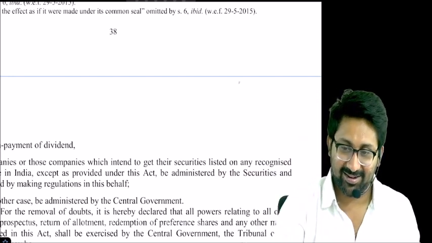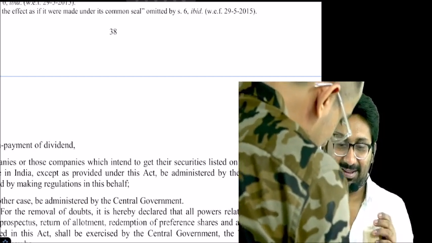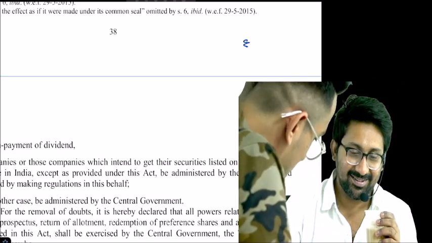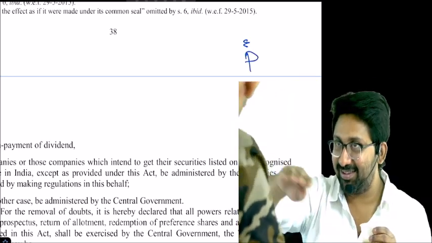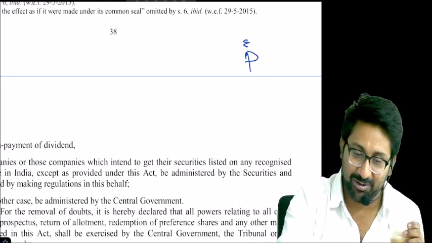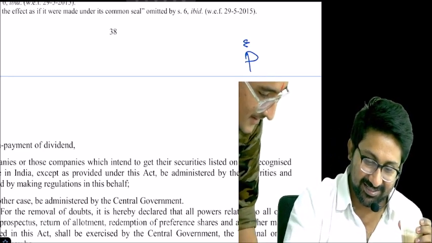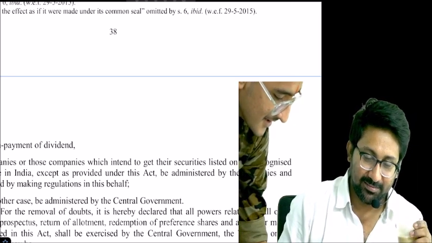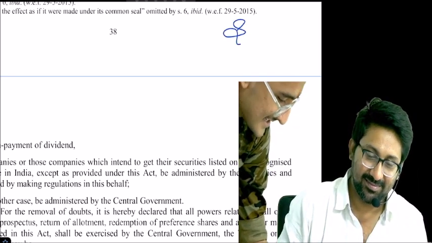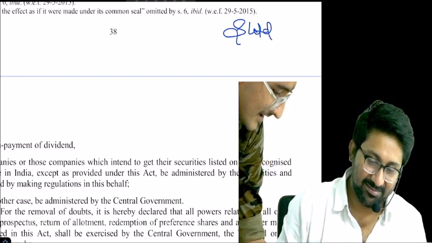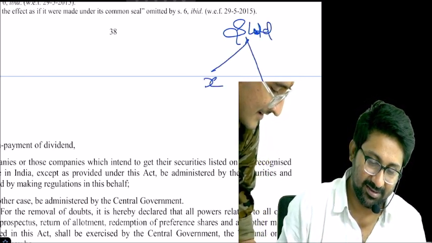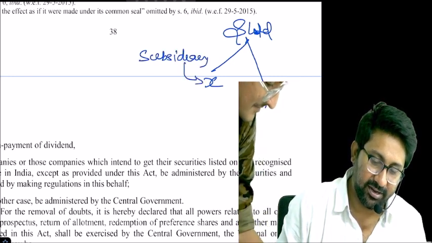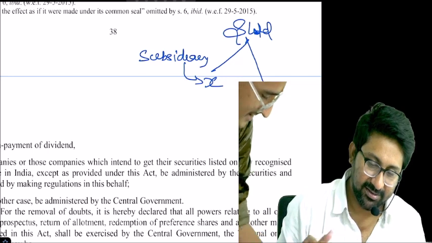Right here. You come here. Happily you write. Who stopped you? Erase this. Right. S Limited. Who is subsidiary? X and Y. Subsidiary to S.